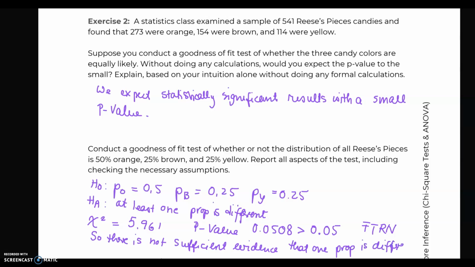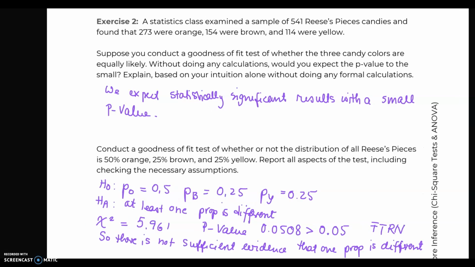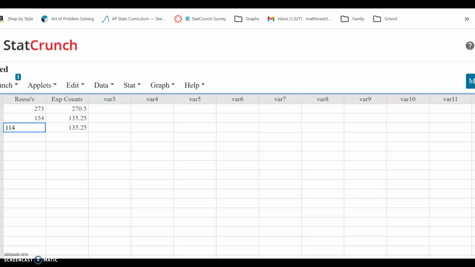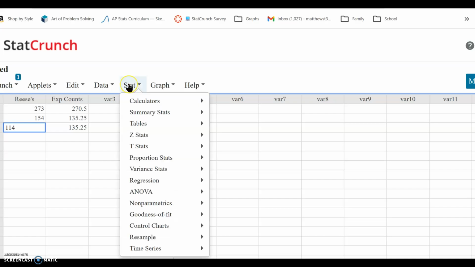All right, and then real quick, I'm going to show you how to do it on StatCrunch as well. I entered in the values on StatCrunch, so we have in the first column the number of orange, brown, and yellow Reese's Pieces, and then we put the expected count into a separate column.